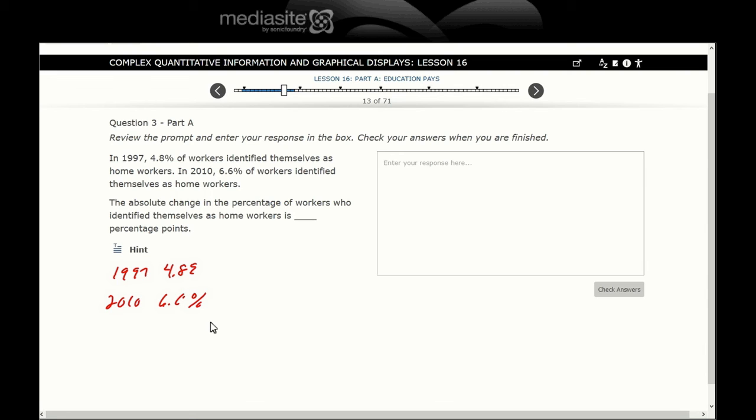And changes, okay. What happened between here and here? Well, we're at 6.6%. I was at 4.8%. And that difference absolutely is 1.8%.